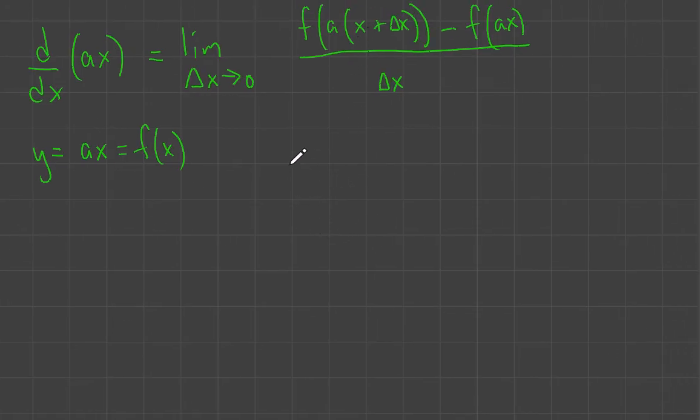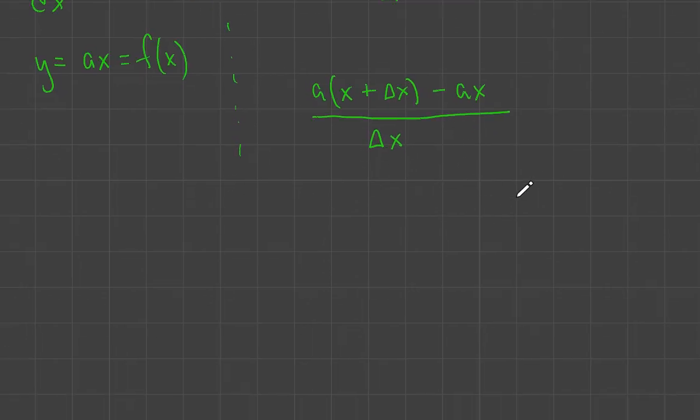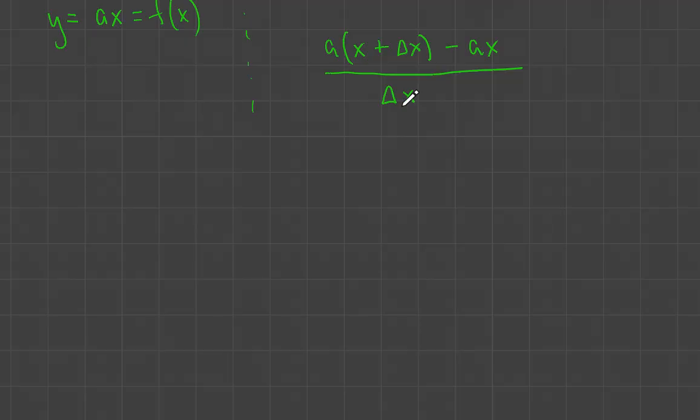That is to say that y is equal to this bit minus this bit, so we can just write that out directly as a times (x plus delta x), all in parentheses, minus ax, all over delta x, and we're taking the limit of that. You understand that I'm trying to find the limit in each case.